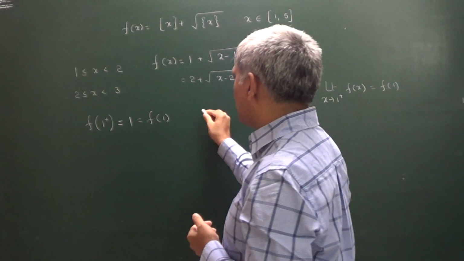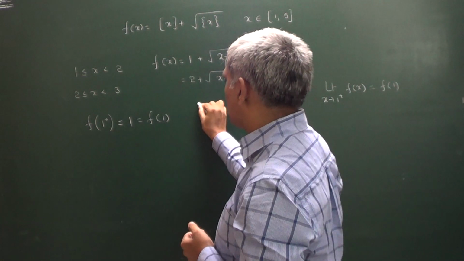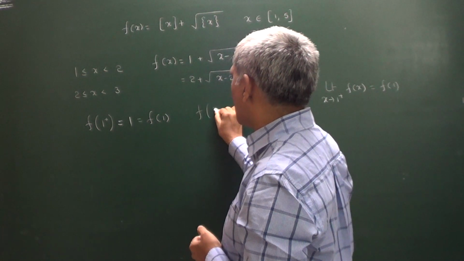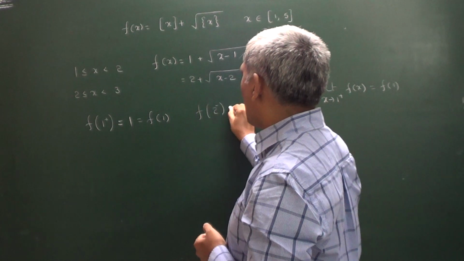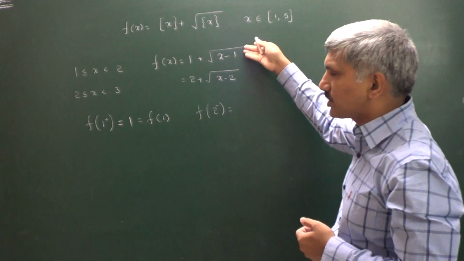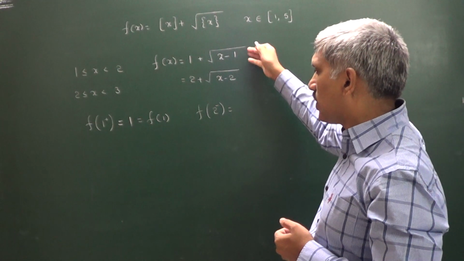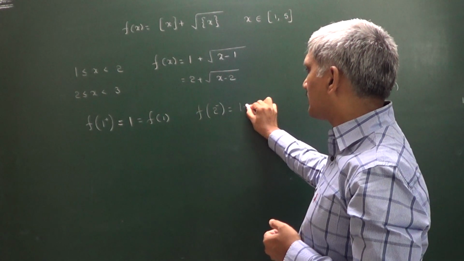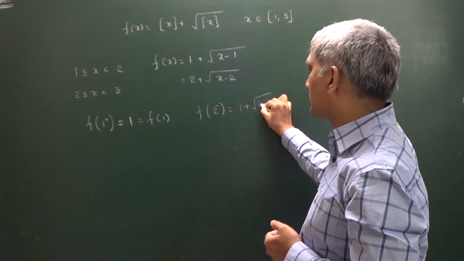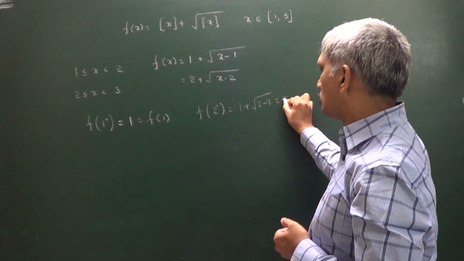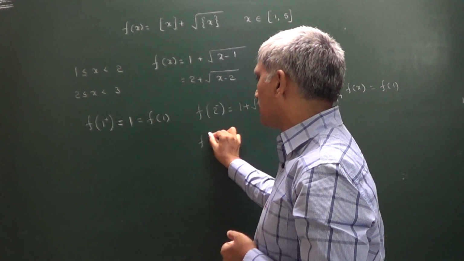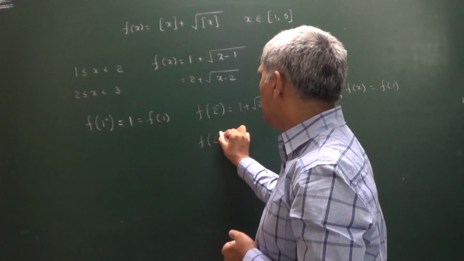Similarly we can check f of 2 minus. Tell me what is f of 2 minus? F of 2 minus means this is the function. In this case x equals 2, substitute, what we will get? 1 plus root of 2 minus 1, that is equal to 2. Now tell me what is f of 2 plus?